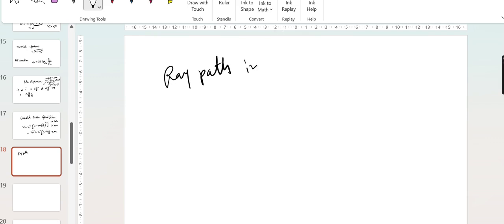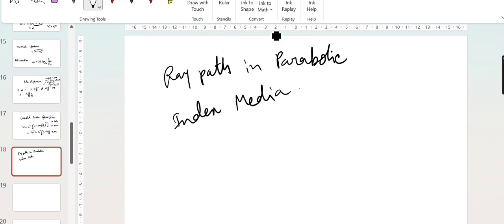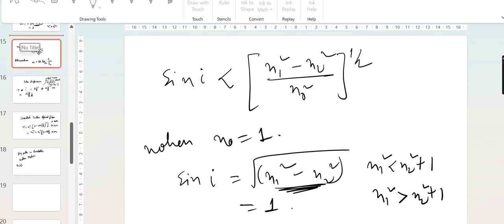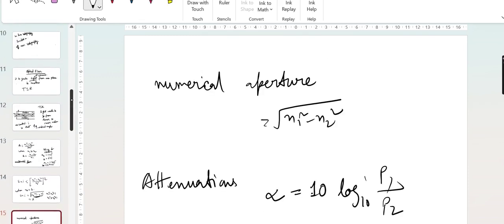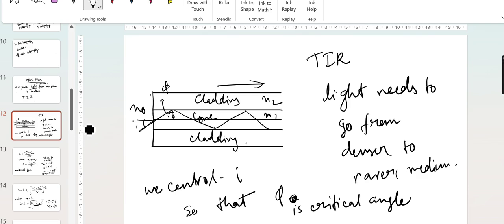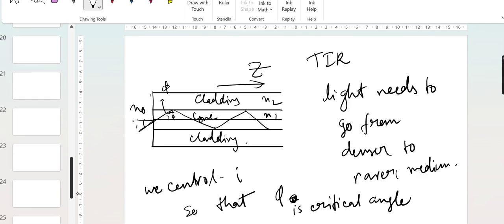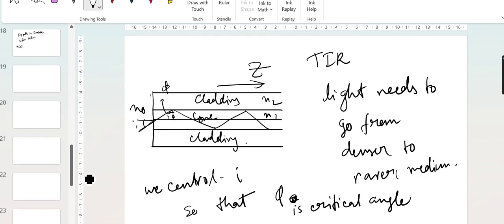The ray path in a parabolic index medium is basically a sine function in this direction. Sorry, this will not be there.